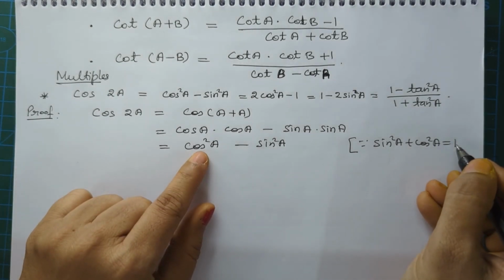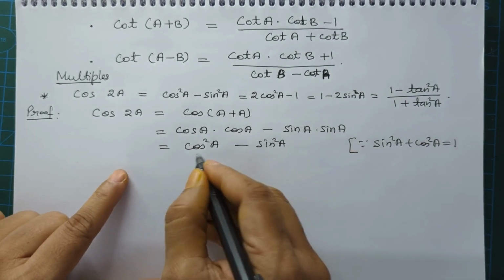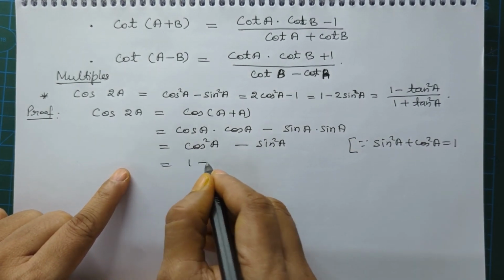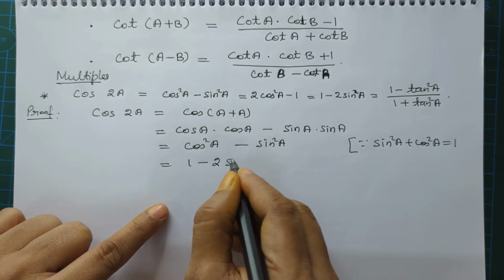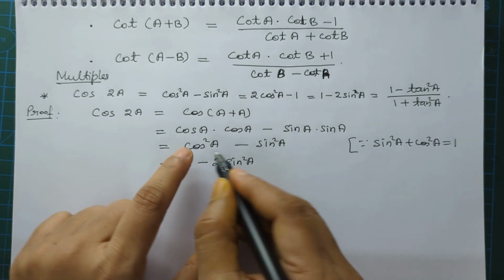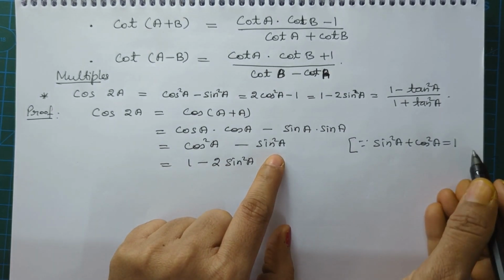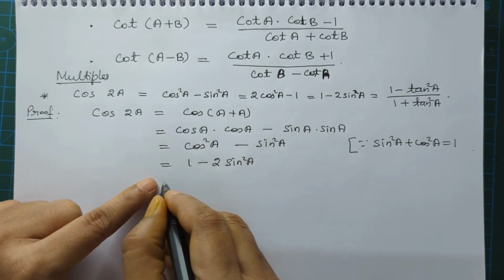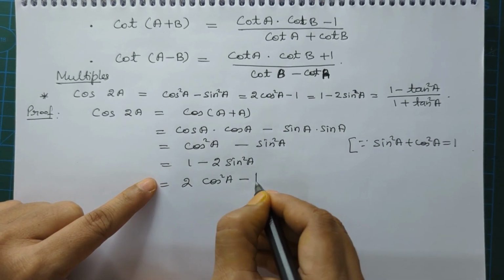In place of cos² A, we can write 1 − sin² A, so the formula turns out to be 1 − sin² A − sin² A, which is 1 − 2 sin² A. Or in this formula, in place of sin² A, we can write 1 − cos² A, and then the formula appears in the form 2 cos² A − 1.